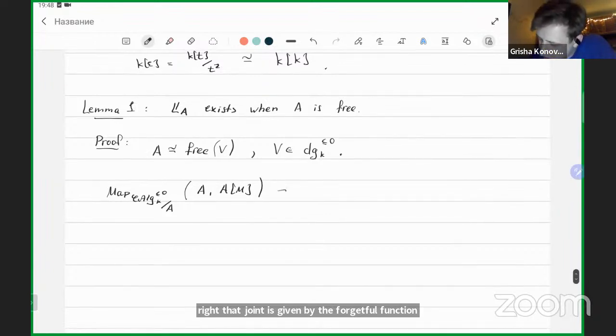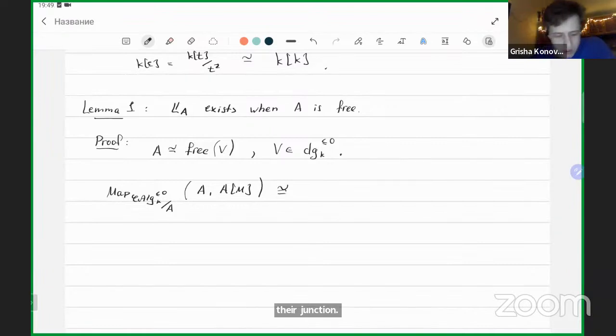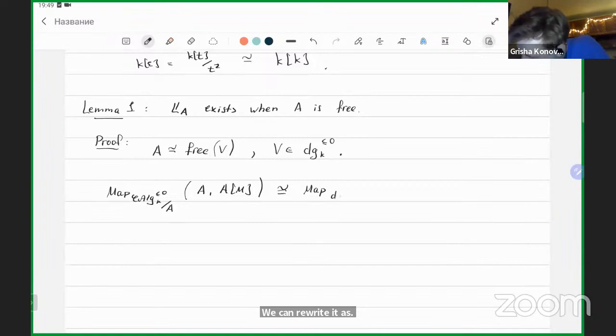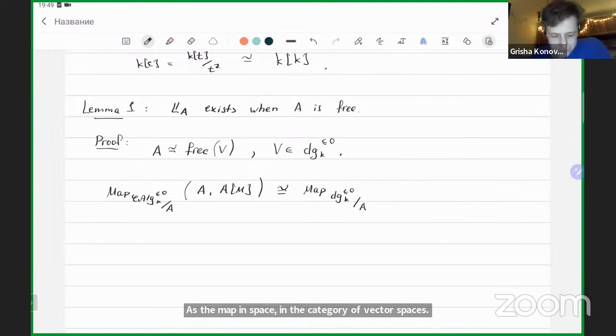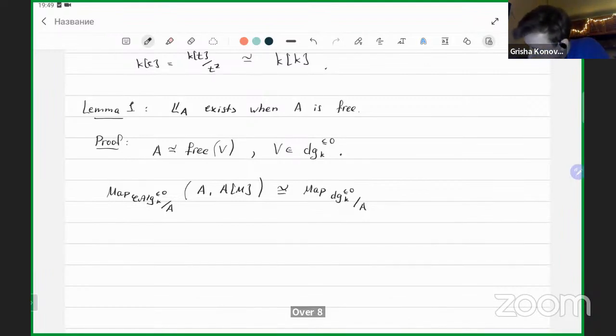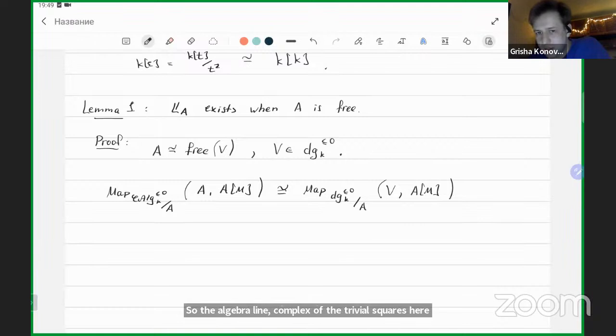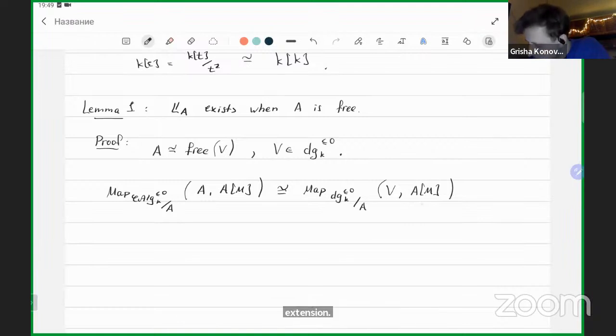So by the adjunction, we can rewrite it as the mapping space in the category of vector spaces over A from V to the underlying complex of the trivial square zero extension. But then I would like to recall that the underlying complex of the trivial square zero extension is just the direct sum.